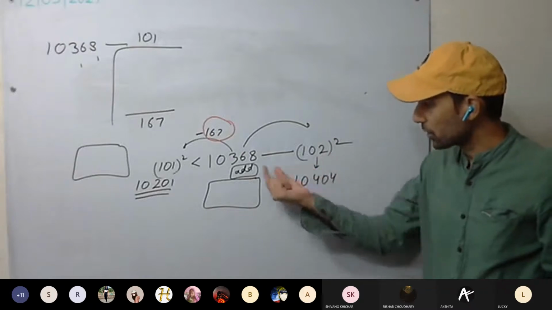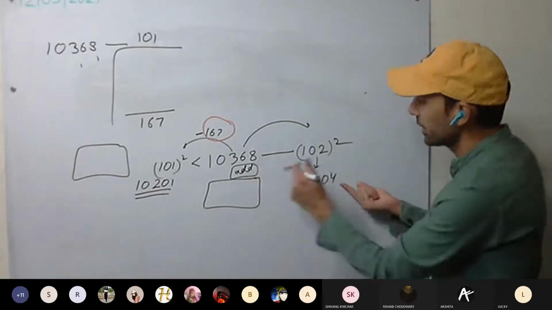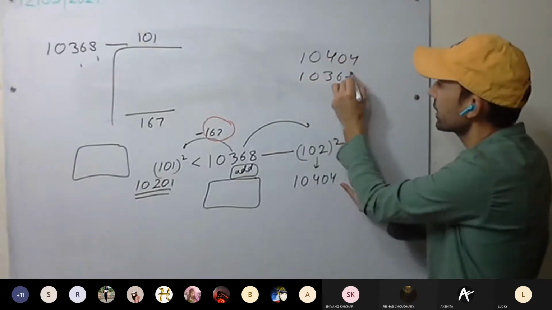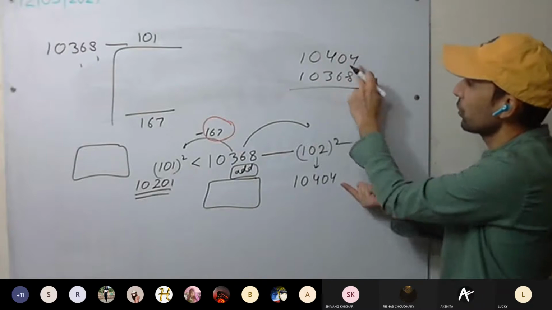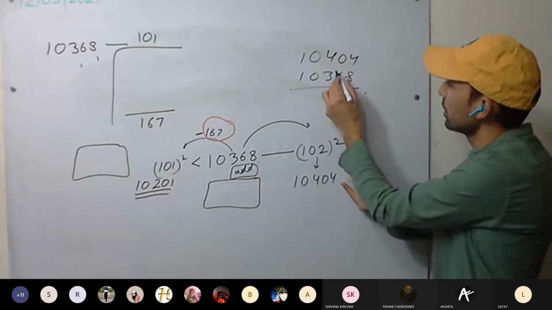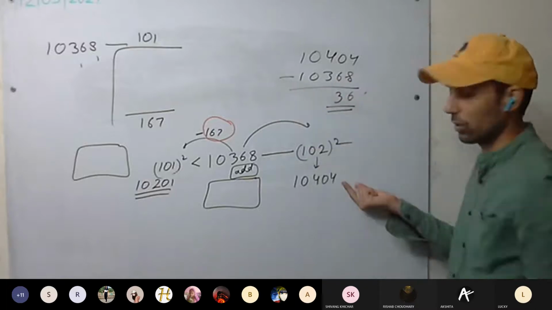So what must we have added? If we subtract 10368 from 10404, how much do we get? 36.